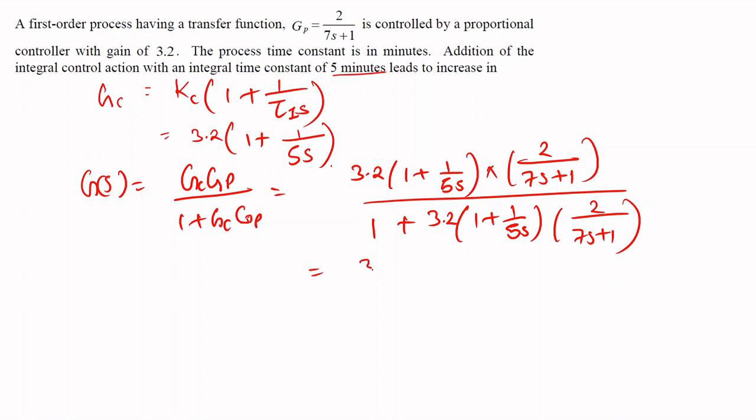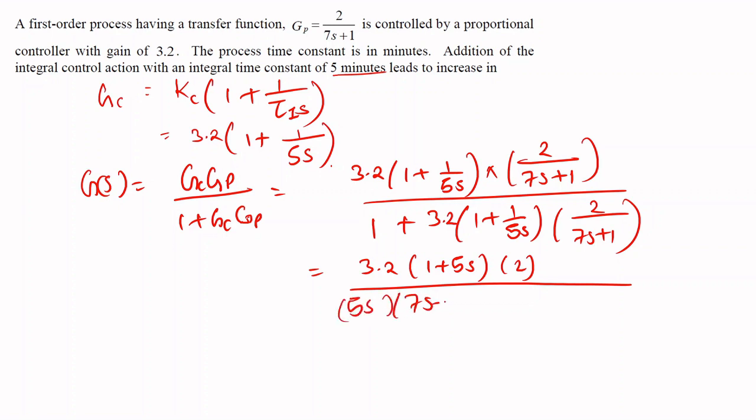This will become 3.2 into 1 plus 5s into 2, and over here we will have 5s into 7s plus 1 plus 3.2 into 2, which is 6.4, into 1 plus 5s.